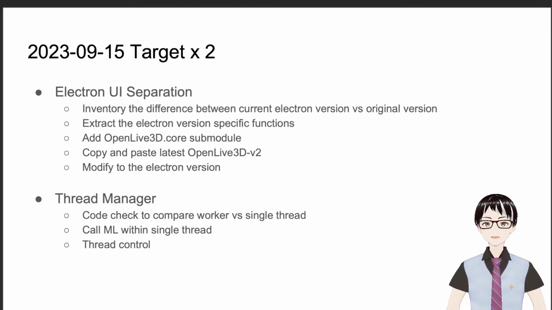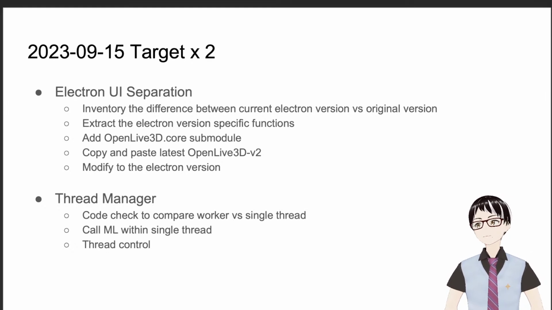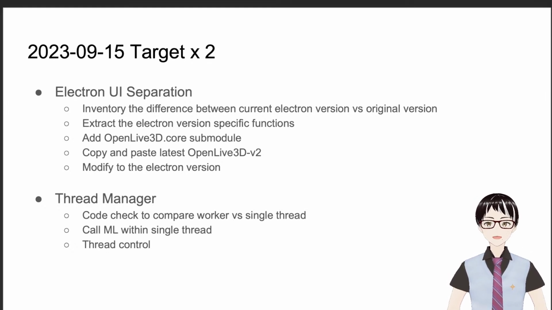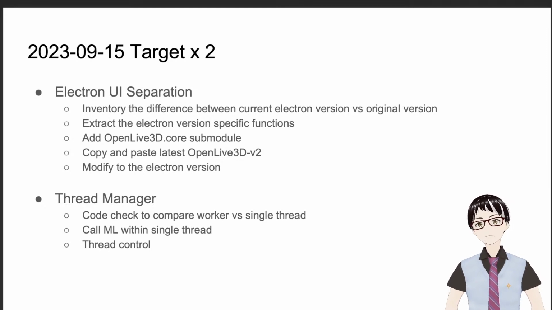And after copying the Electron-specific functions, we will have to add the OpenLive3D core submodule into the Electron repository, copy all the functions that we need for version 2, the rewrite that we're currently doing, and then of course modify the Electron version and test it, right?